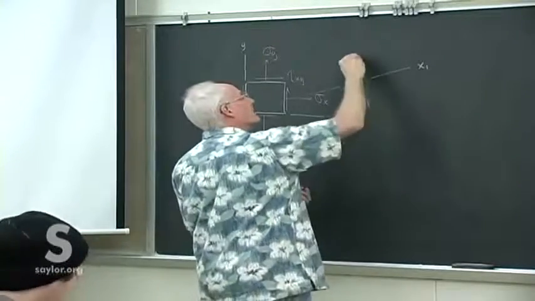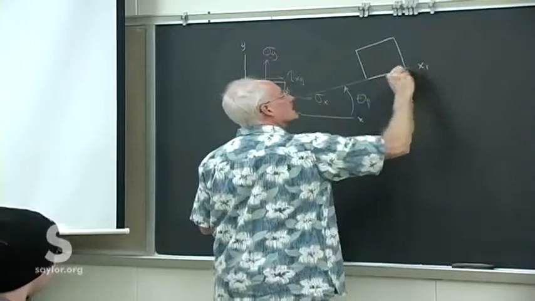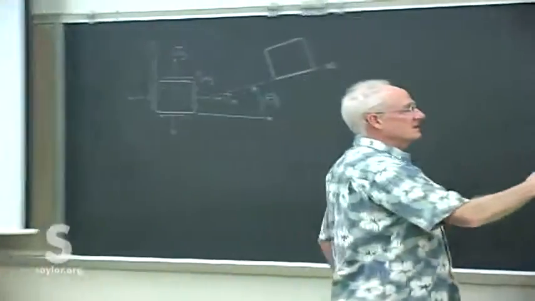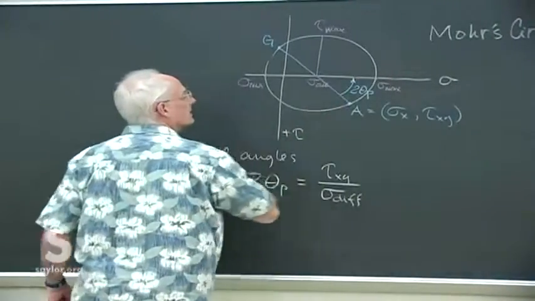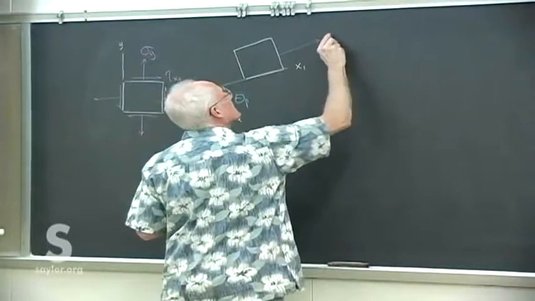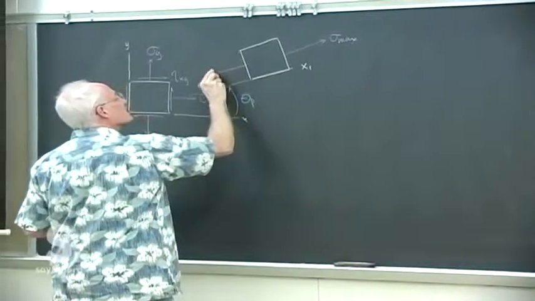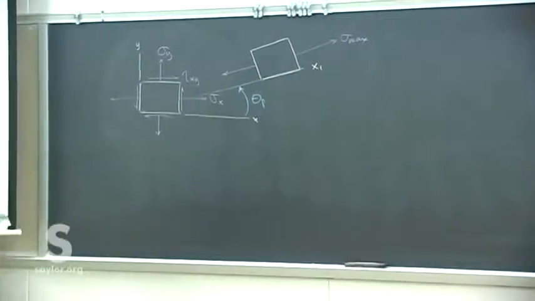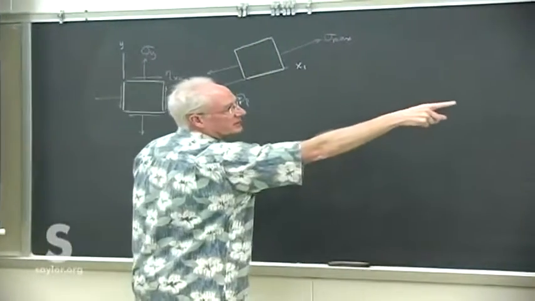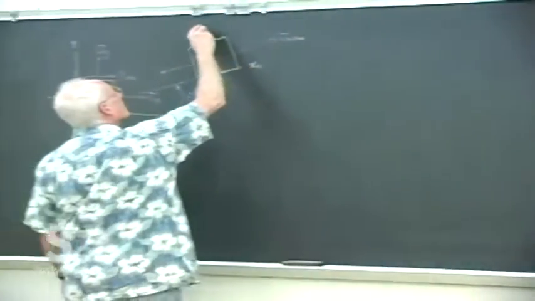We now have an analysis that brings us up to this point right here on the circle where we're at maximum normal stress on one face, minimum, and with the picture I have here it just happens to be negative, so I'll draw it that way.